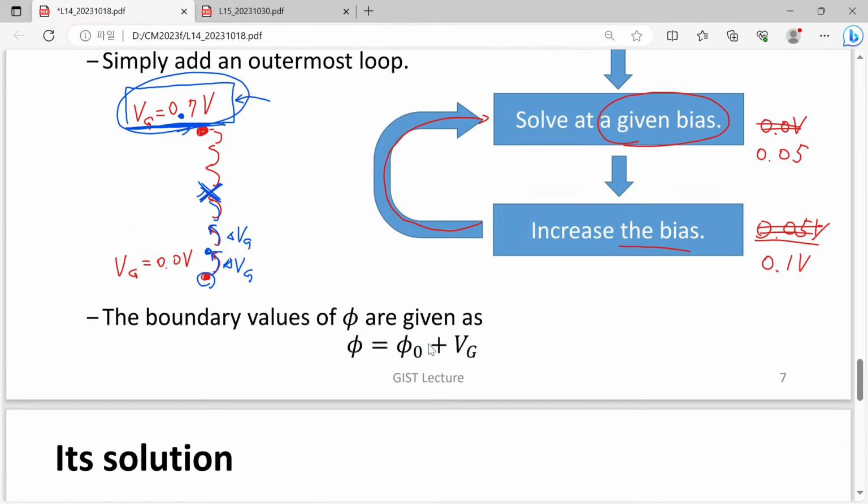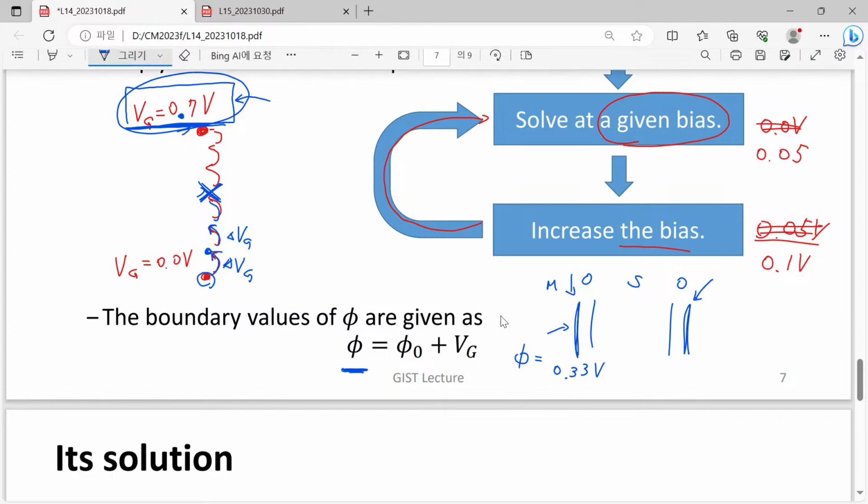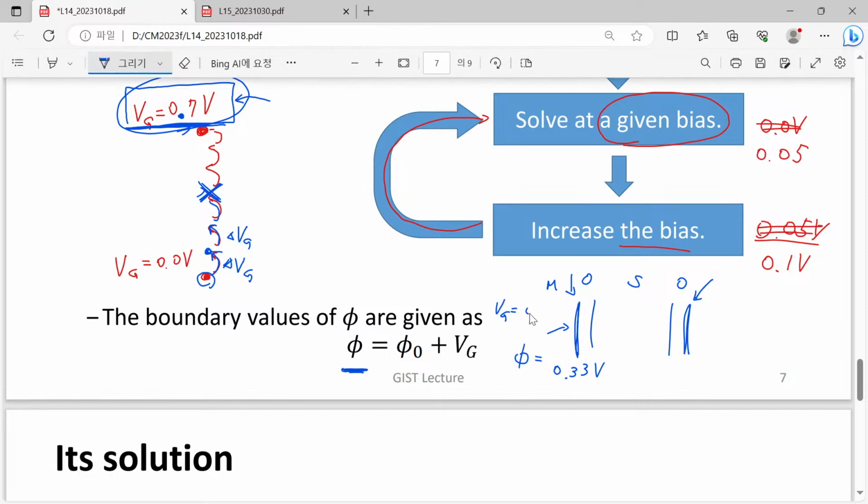In this case, what should be the boundary values at these two nodes? Here we have a MOS system once again. Here we have metal, this is a contact boundary, and this is the oxide-silicon-oxide structure. Previously, at gate voltage 0, we applied approximately 0.33 volt here.